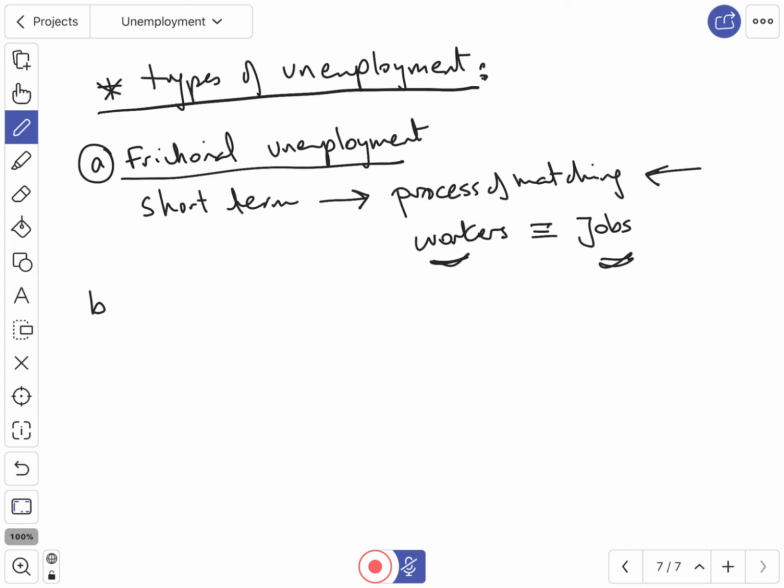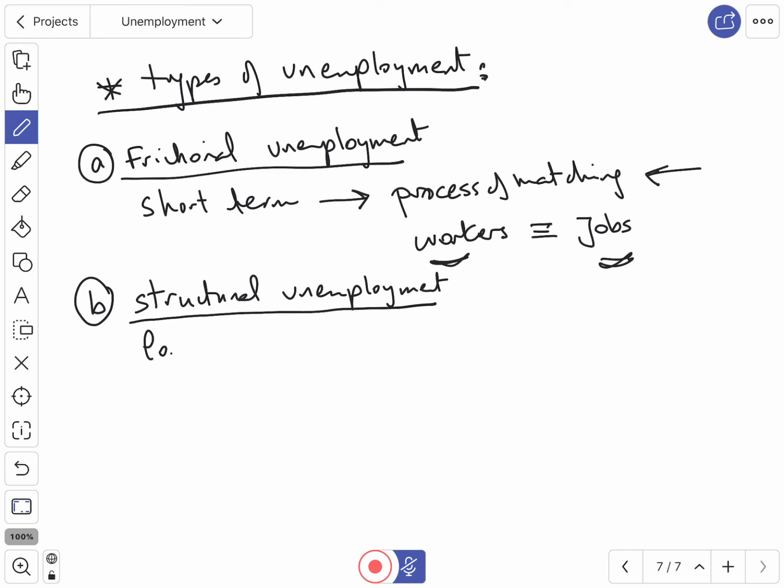The more serious one is called structural unemployment. Structural unemployment is more of a long-term problem, and it results from a mismatch. Like I said, there's a problem of mismatching between the skills of workers and the requirements of jobs.